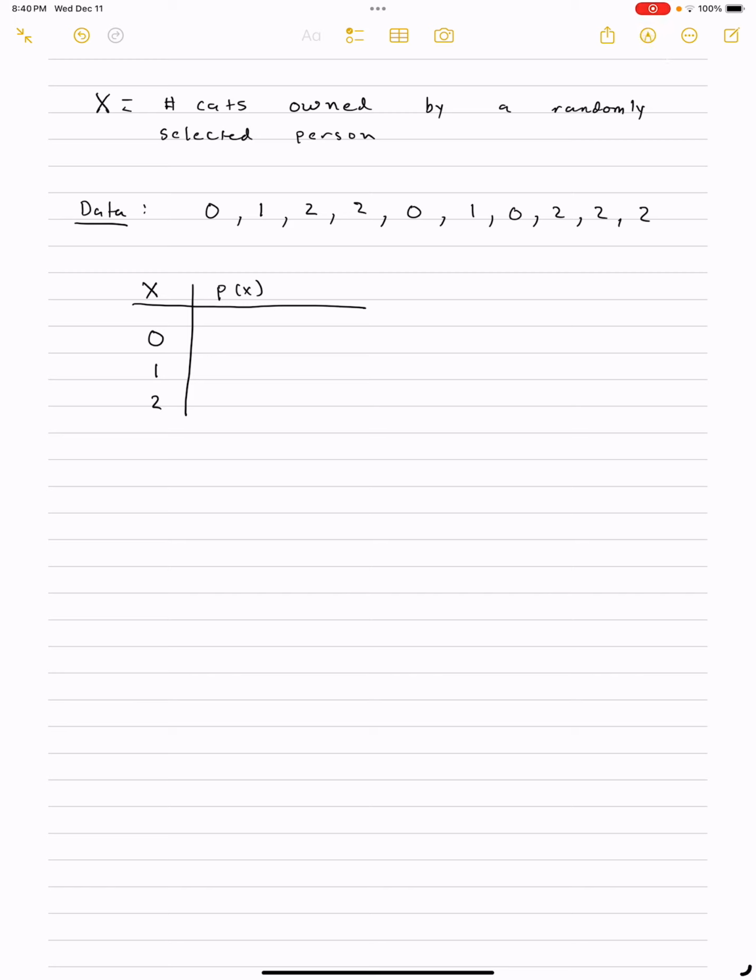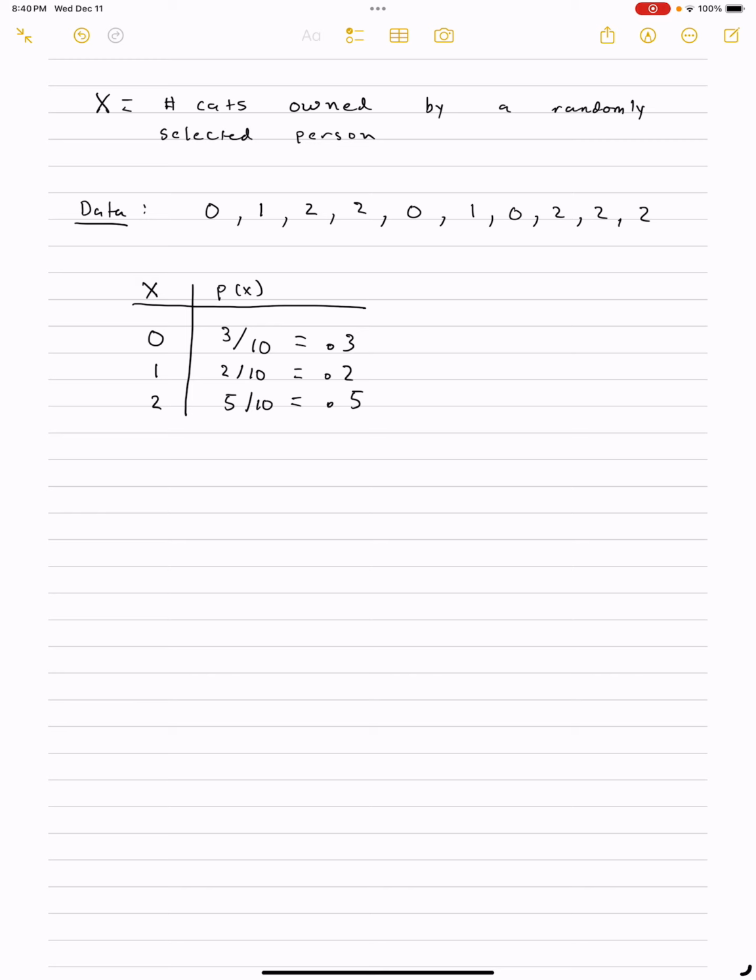We see that for the probability of 0 cats, there are 3 zeros in this data set. So we have 3, and the total size of this data set is 10. So that's equal to 0.3. We have 2 ones, so that's 0.2. And we have 5 people with 2 cats. That's a lot of cats. And so that's 0.5.